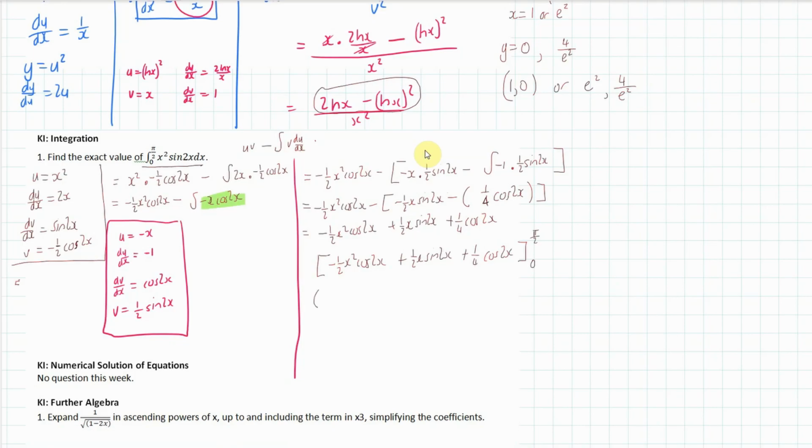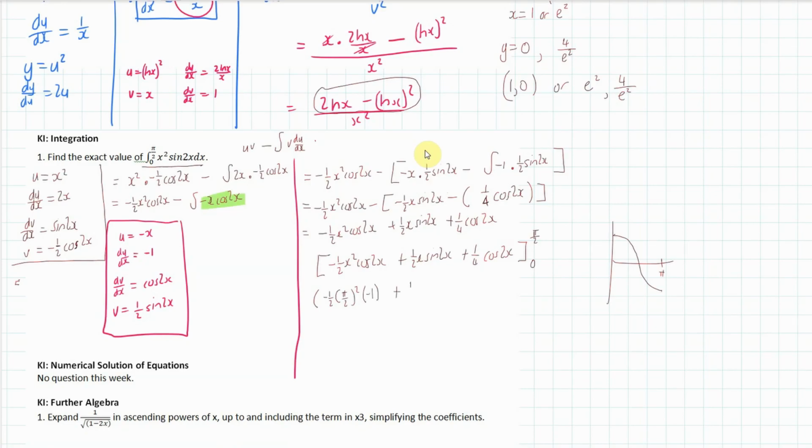Right, the first one I'm going to put in is pi over 2. So we're going to get minus 1/2 bracket pi over 2 all squared. Now, it won't be cos pi over 2, it'll be cos 2 times pi over 2, which is pi. Now cos pi, if you think about your cosine graph, is going to be negative 1. So we'll times it by negative 1 there.